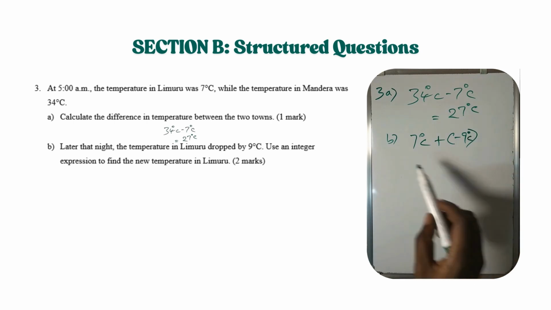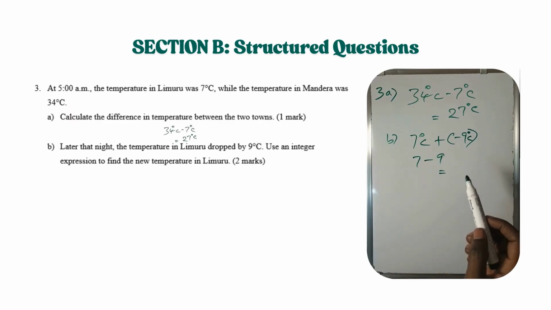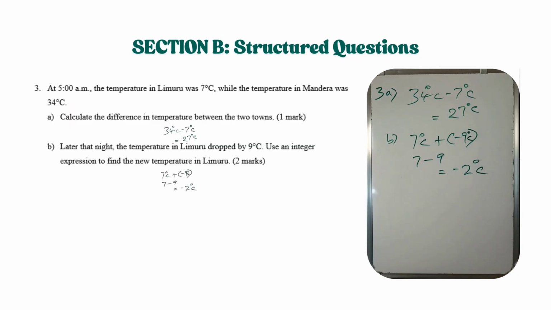This will be the same as 7 minus 9. So our answer is -2 degrees Celsius. That is an integer expression that represents the new temperature in Limuru. The new temperature in Limuru is -2 degrees Celsius because it dropped by 9.